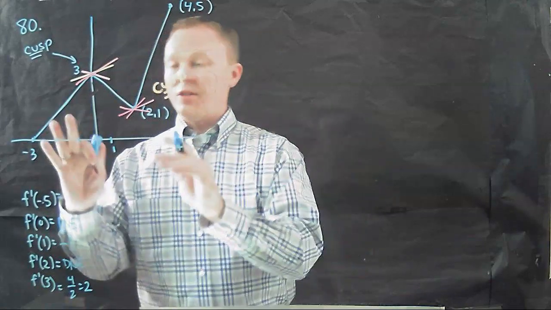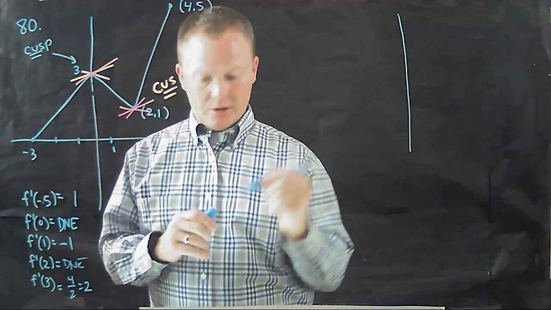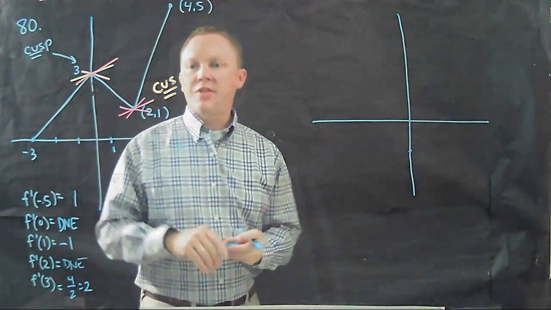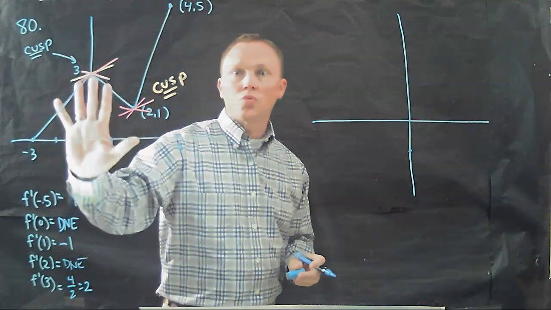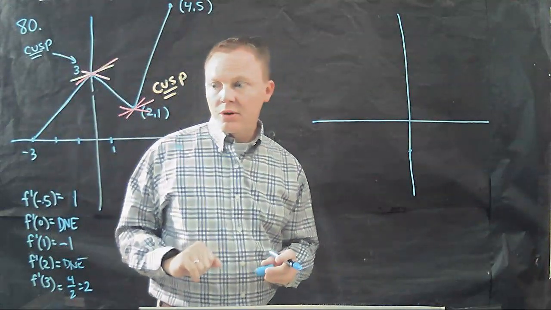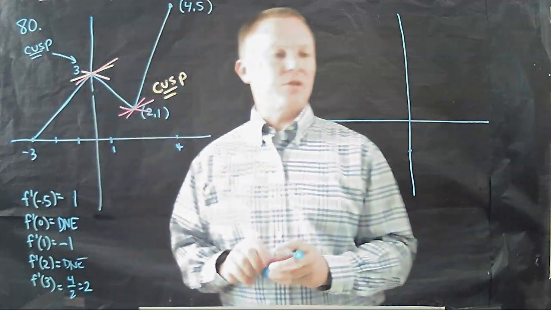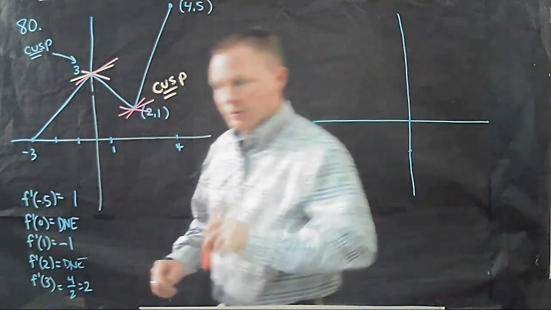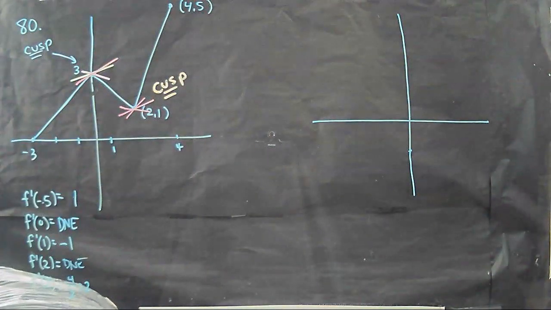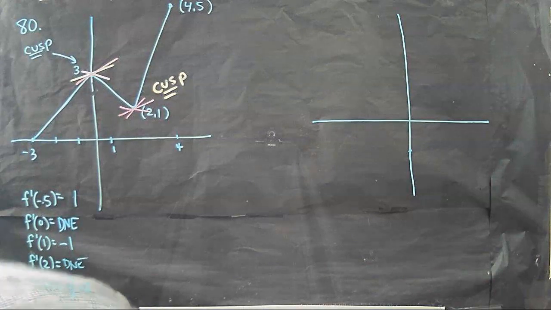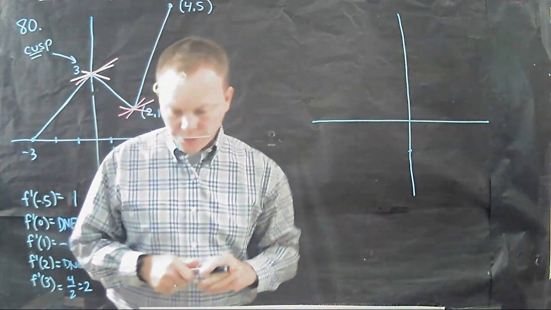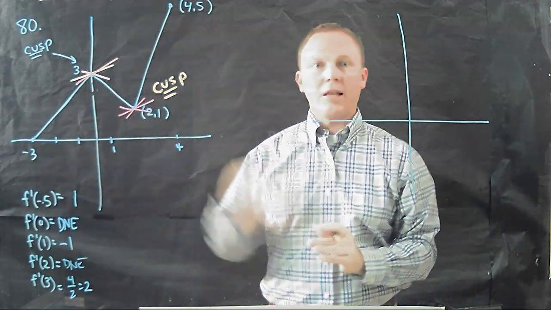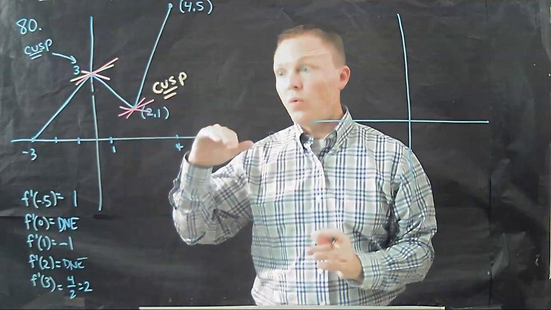So I'm going to take this graph right here, and I'm going to sketch the derivative of this function. I'm going to do it in a different color. Let's do it in orange. All right, so here we go. Between -3 and 0, it looks to me like the derivative is just a constant 1, right?